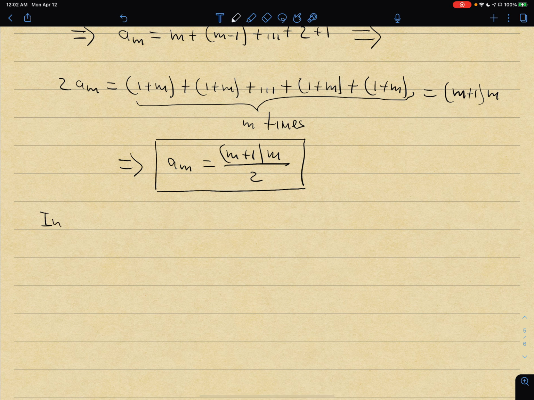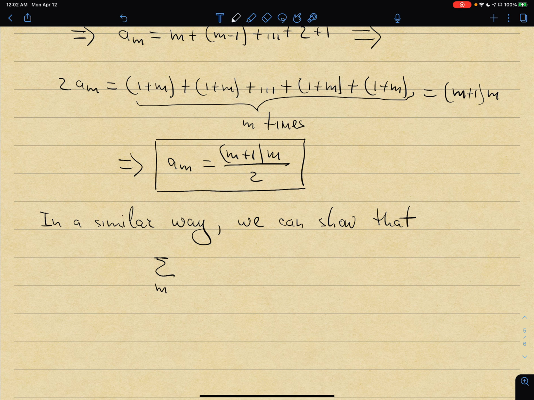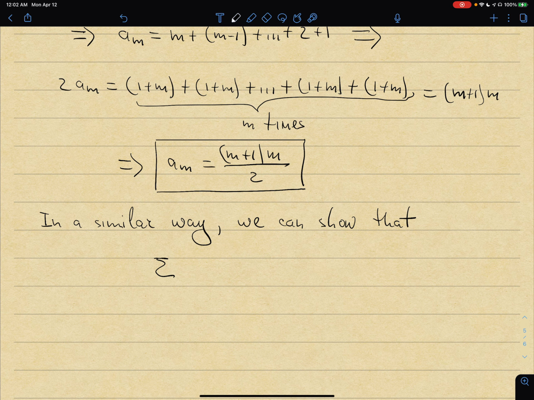In a similar way, we can show that the sum L goes from 1 to m of L squared is going to be equal to m times m plus 1 times 2m plus 1, and the whole thing is going to be divided by 6.